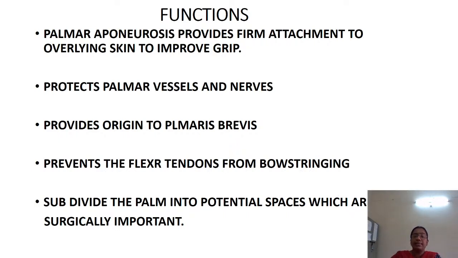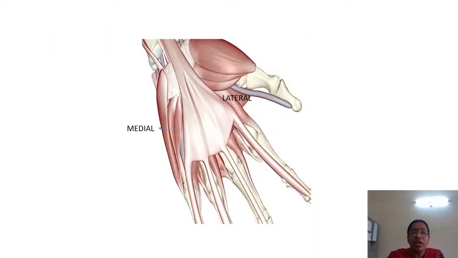You have to know what the palmar aponeurosis is. It is a thickening of the deep fascia, a degenerated tendon of palmaris longus. Proximally, it is a continuation of the palmaris longus tendon.